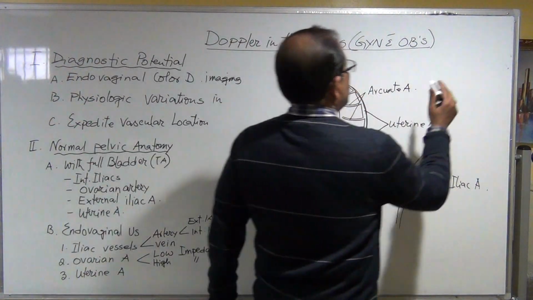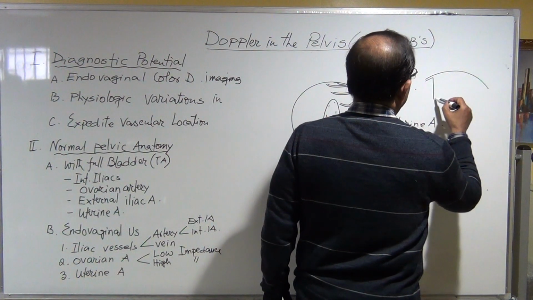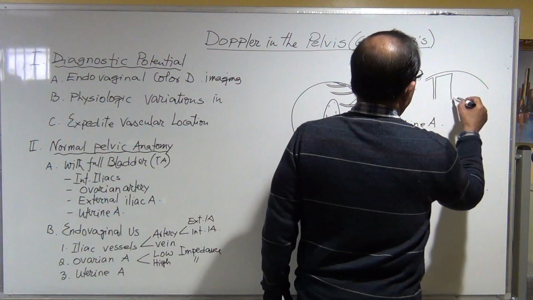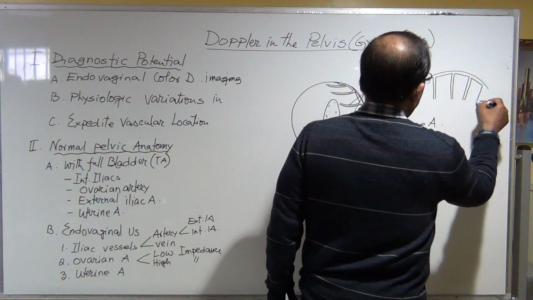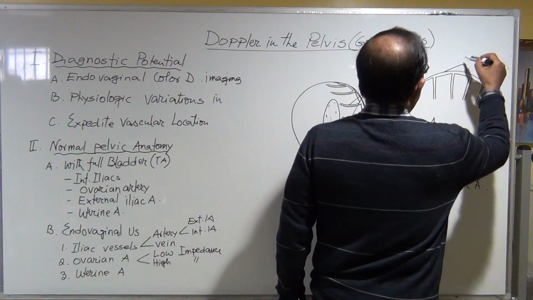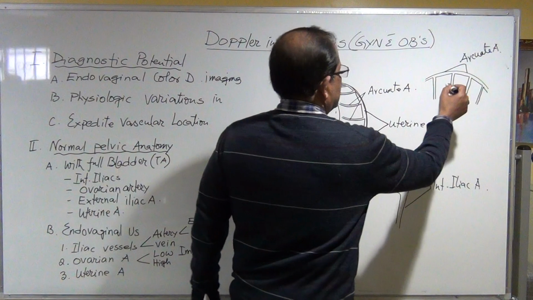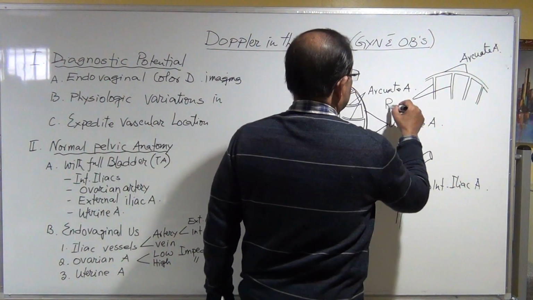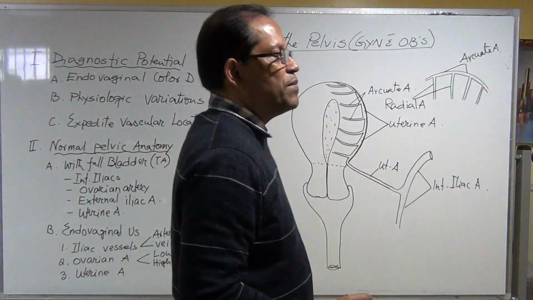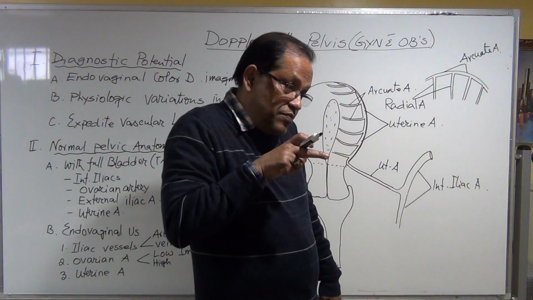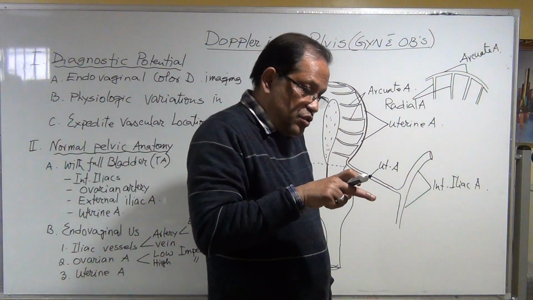From the arcuate artery there is a radial artery. So this is the arcuate artery, and these are the radial arteries. The radial artery is named because it moves forward along the radius of the uterus towards the endometrium.